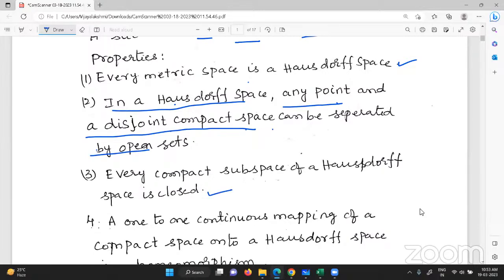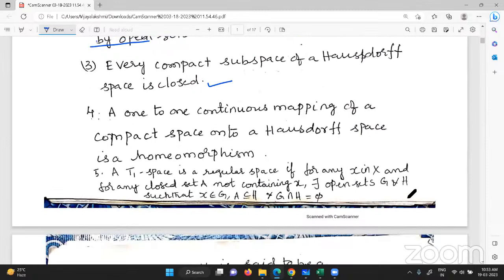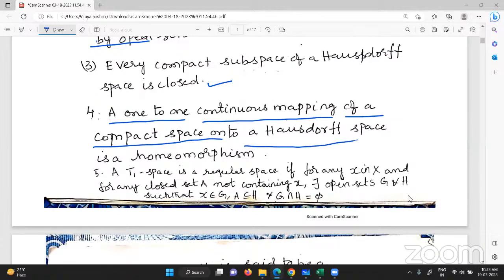Next, every compact subspace of a Hausdorff space is closed. So a one-to-one continuous mapping of a compact space onto a Hausdorff space is a homeomorphism.